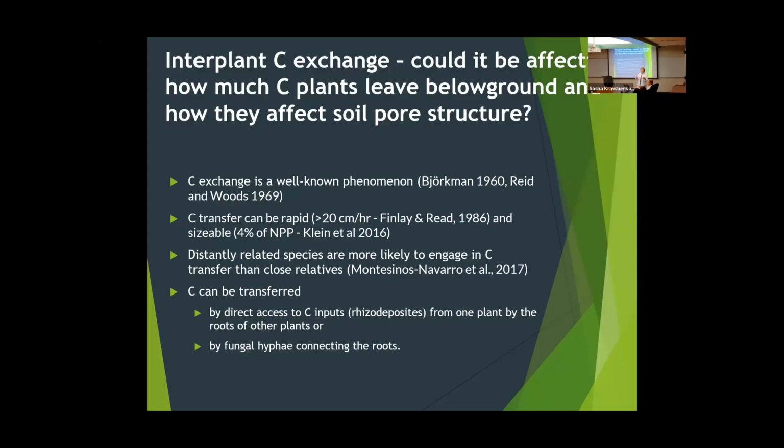There are two major ways in which this carbon exchange can take place. One would be direct contact between the roots, either two roots completely close to each other and carbon goes from one to the next one, or just deposits generated by one root at some point in time are encountered by roots of another plant at another point in time.